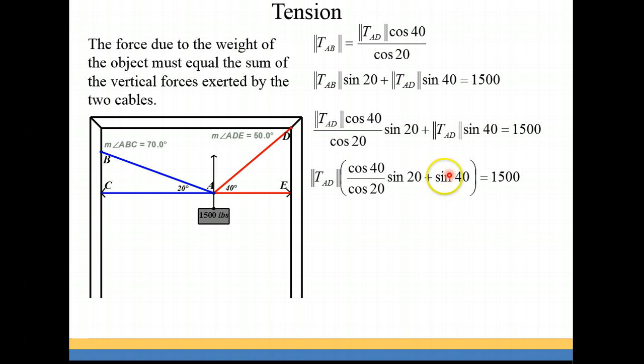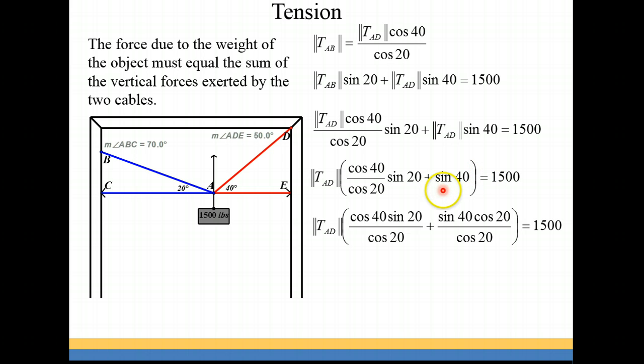Now I want to find a common denominator with these two terms, and I'm doing that so I don't have to estimate along the way. I only want to estimate these answers at the last step. So I multiplied the sine 40 by cosine 20 over itself, and then I'm going to bring my two fractions together as one.